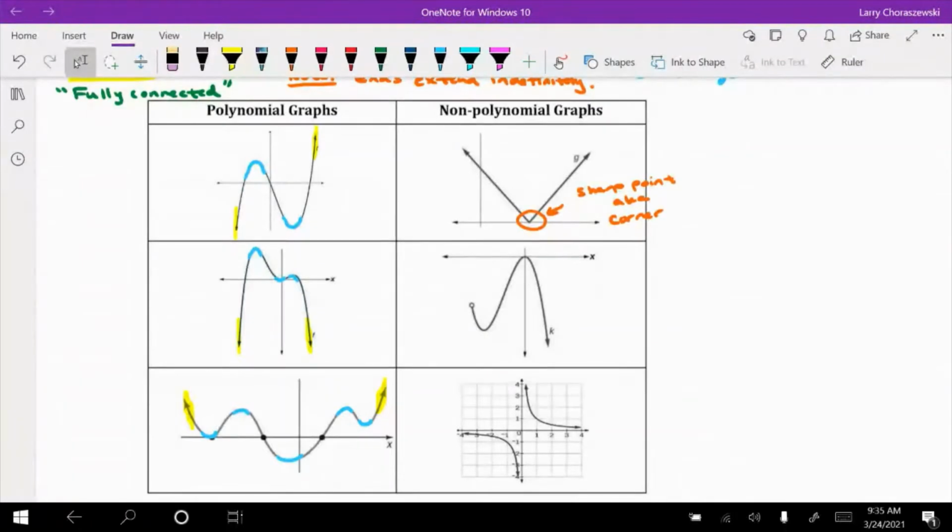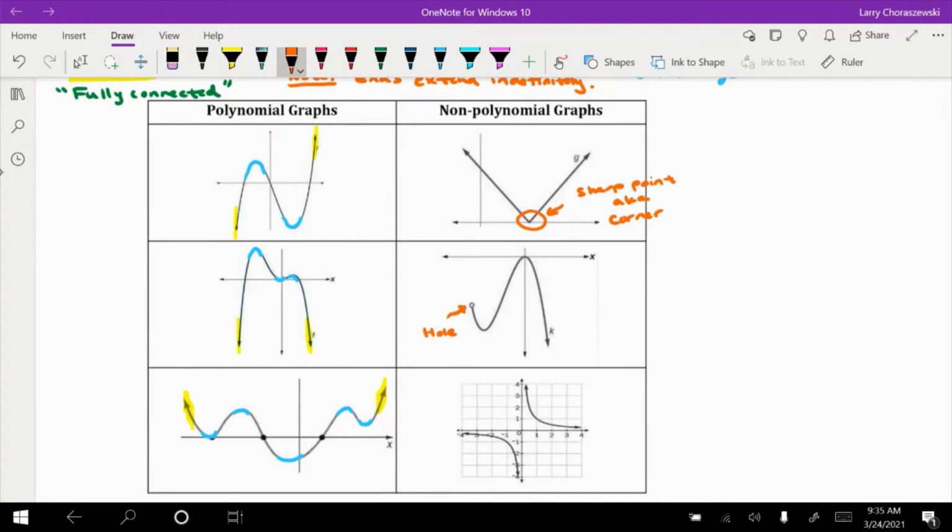Anybody want to tell me what would make the next graph the graph of a non-polynomial function? So the second graph in the second column. Yep, there's definitely a hole or an open circle.